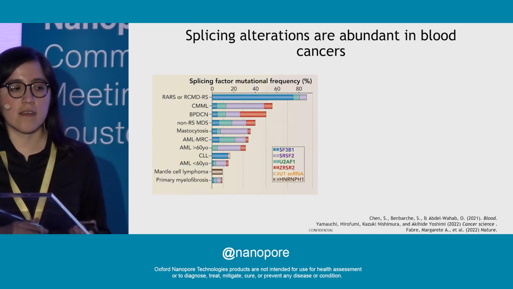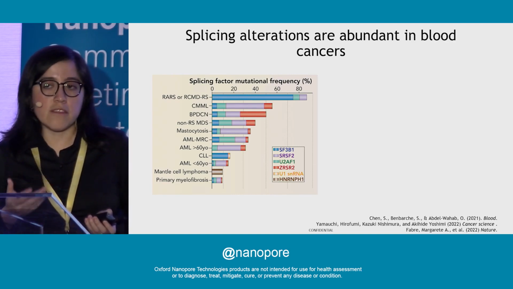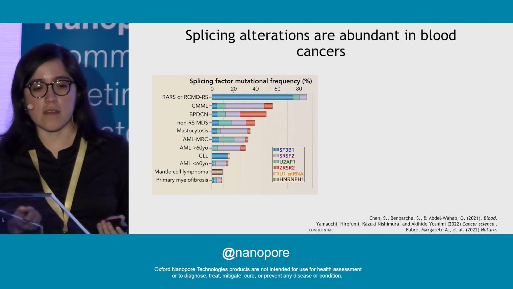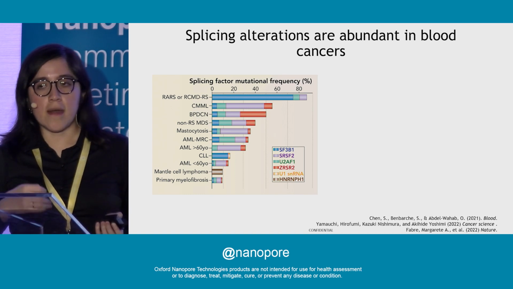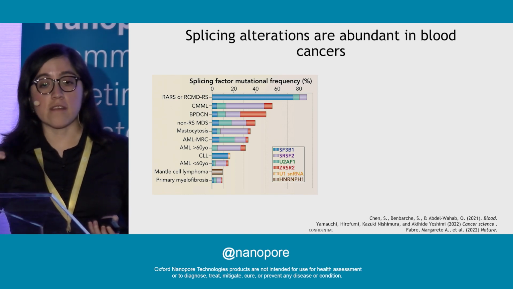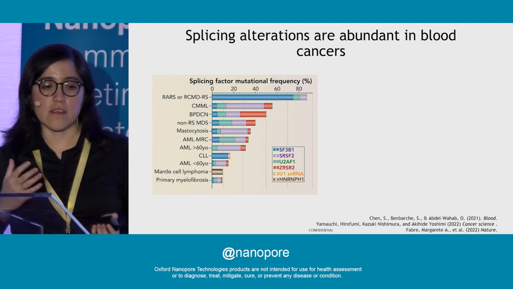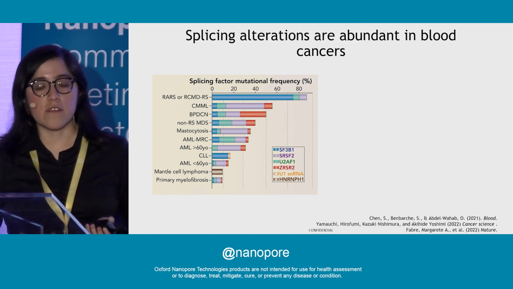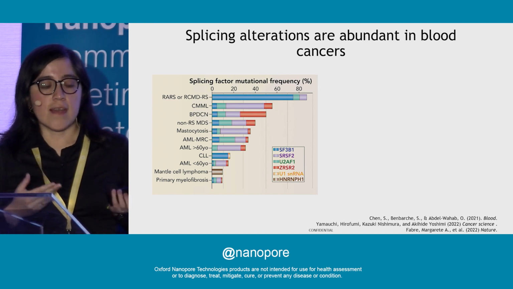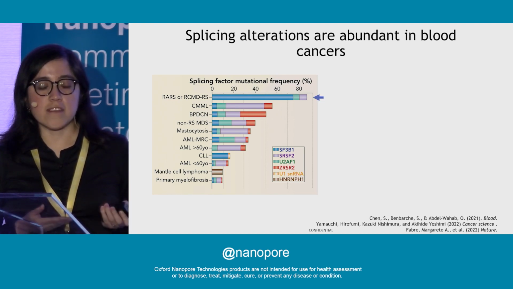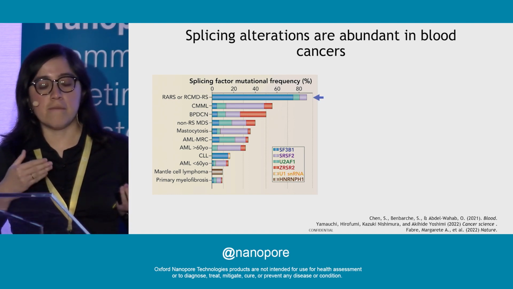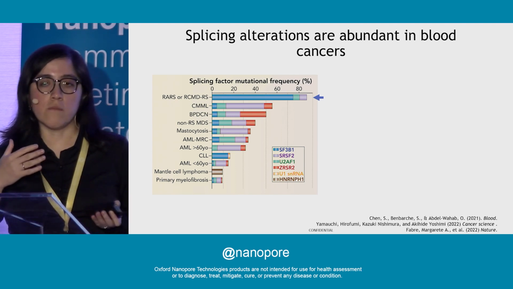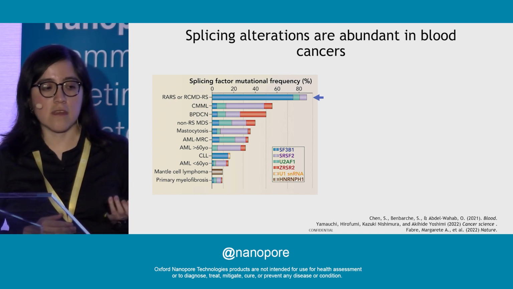Particularly in blood, and blood is perhaps one of the most clear examples, many of the patients, in particular subtypes of certain hematological diseases, can have a high frequency of splicing factor mutations. Like in this case, we see splicing factor mutations in SF3B1 being present in more than 60% of the patients.